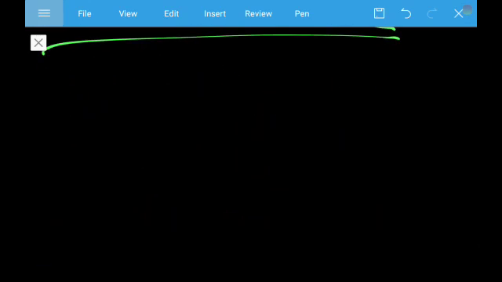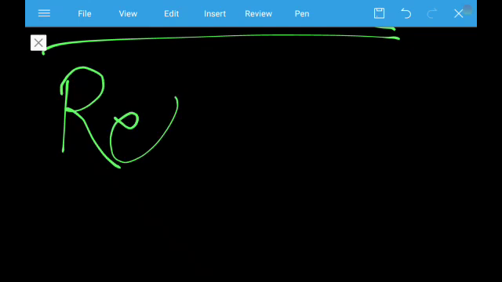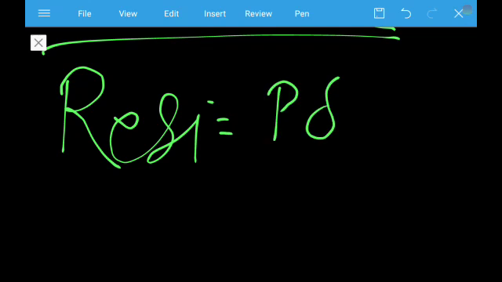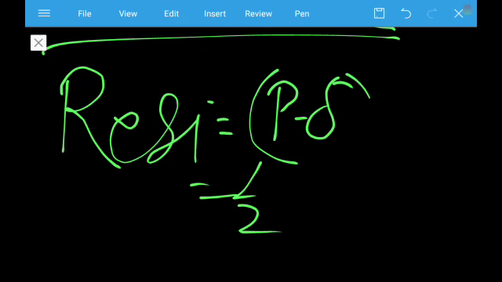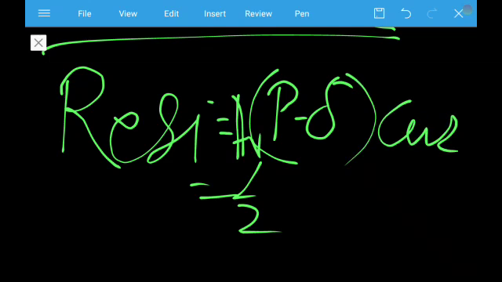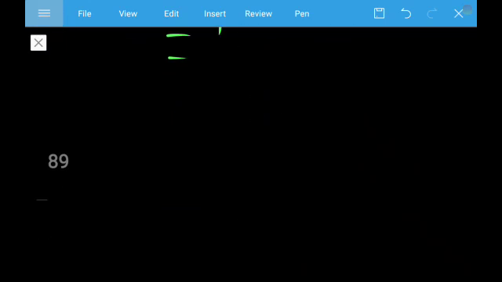Now what is resilience? The resilience is the area under the P delta curve, the load and deflection curve, and it is nothing but half times P delta.